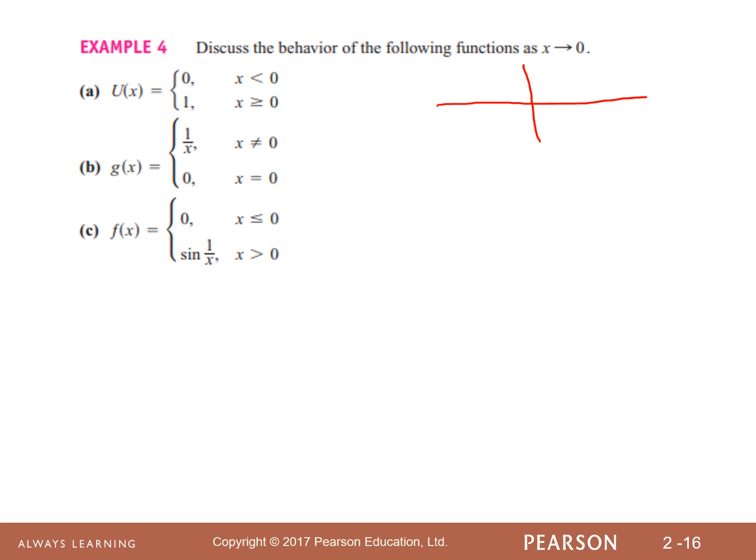For x less than 0. This is the origin. The origin is 0, 0, correct? Now, I'm going to just scratch hash it until infinity. This is x less than 0, right?